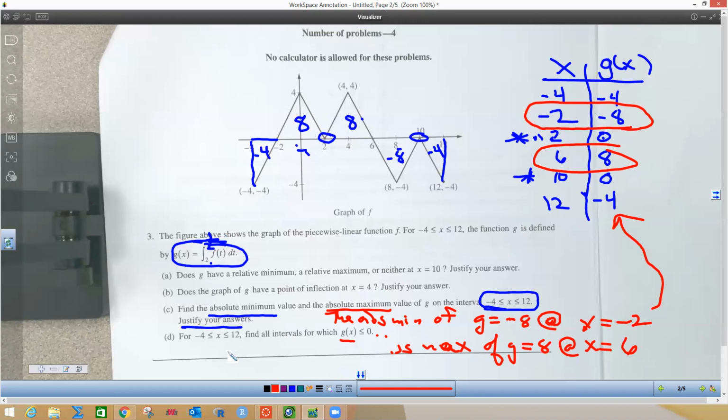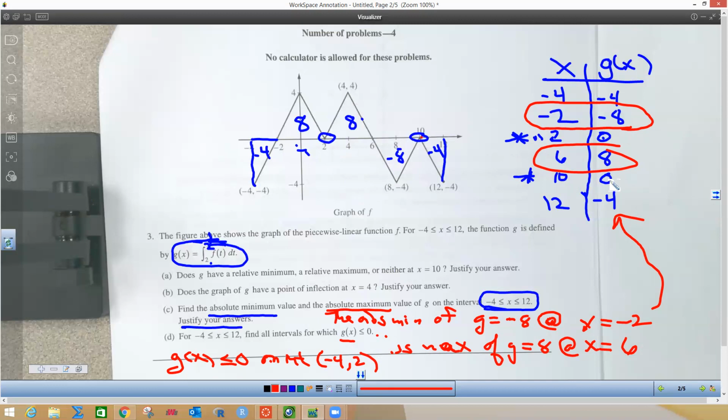So we would say G of x is less than 0 on the interval -4 to 2. And then once we're at 0 here, we're positive, and we're staying positive all the way till we get to there when it gets back to 0. Because this positive 8 isn't negative 8 until you get all the way to here.